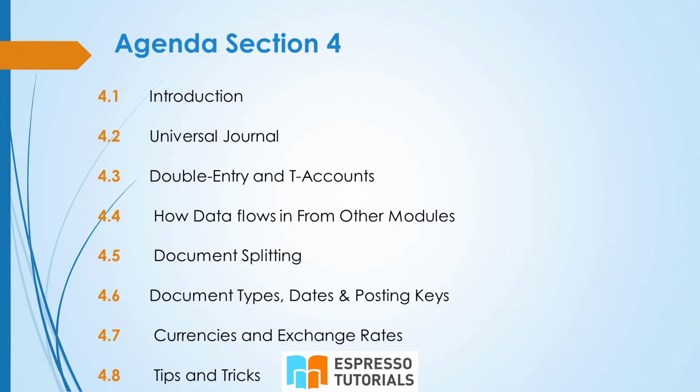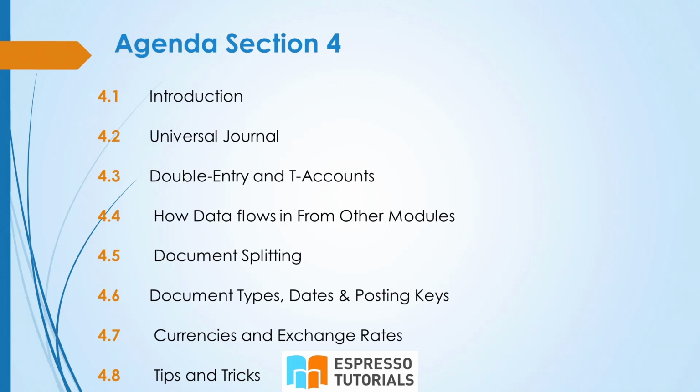In this section, I'll go a bit deeper into more of the general ledger terms, starting with the Universal Journal, which is an important concept in S/4HANA. I mentioned double entry in section 1. In this section, I'll show you the T account app, which allows us to easily follow the double entry of one or more transactions.